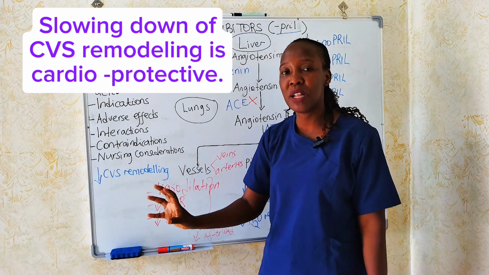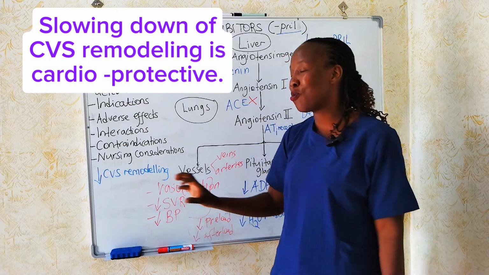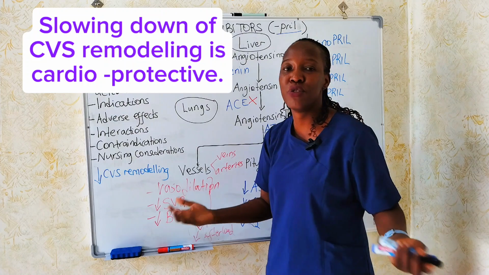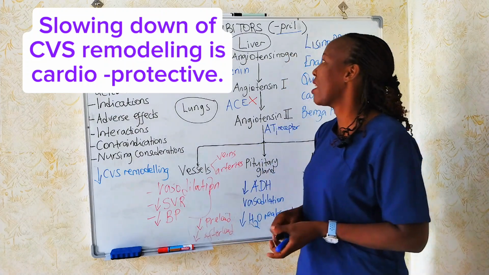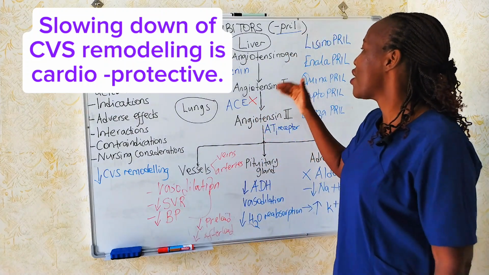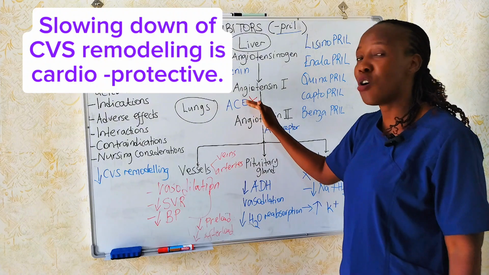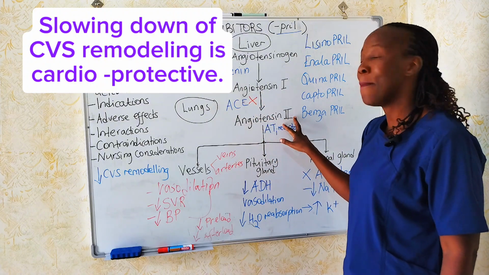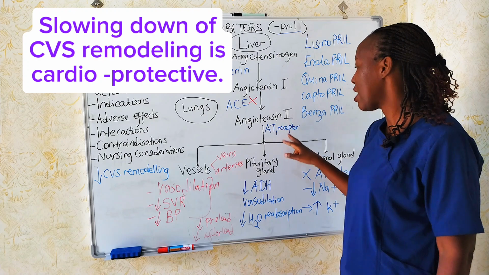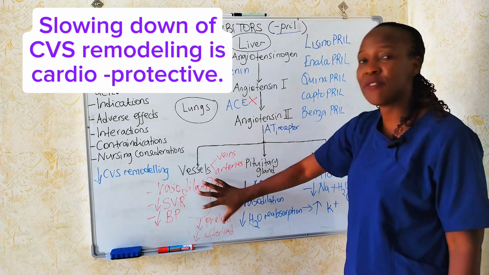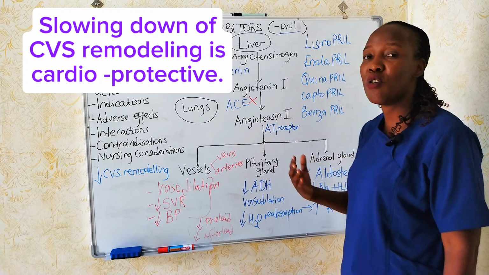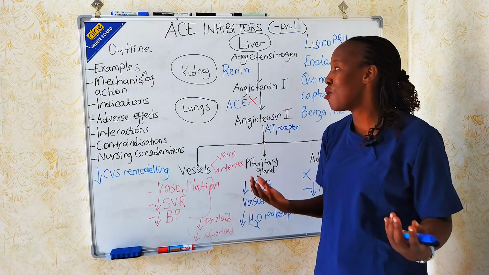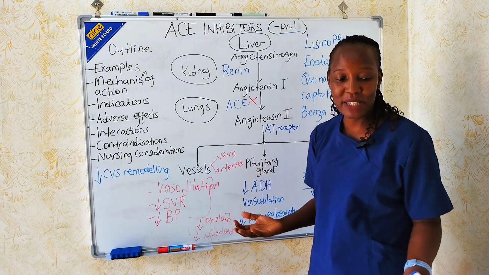They can fuel hypertension, they can worsen heart failure, and they can speed up the progression of disease. That's why we find it very useful to block ACE and therefore reduce the amount of angiotensin 2 being produced, so that we can reverse the effects of angiotensin 2. So that's the mechanism of ACE inhibitors.